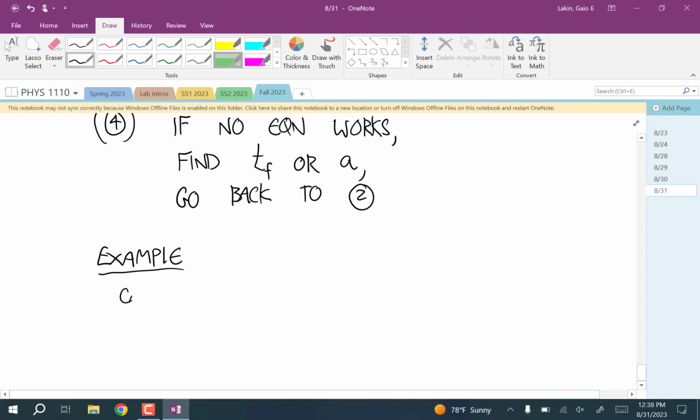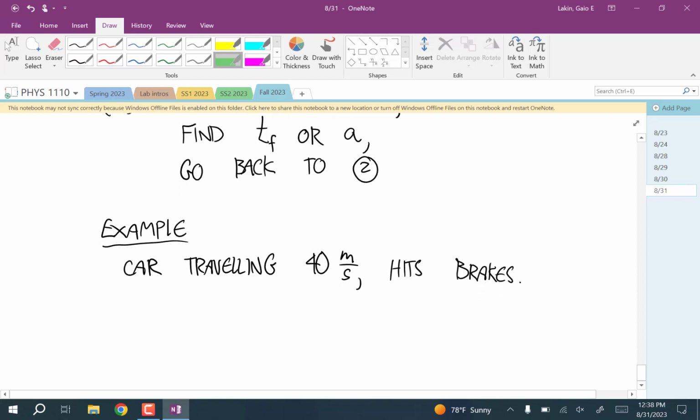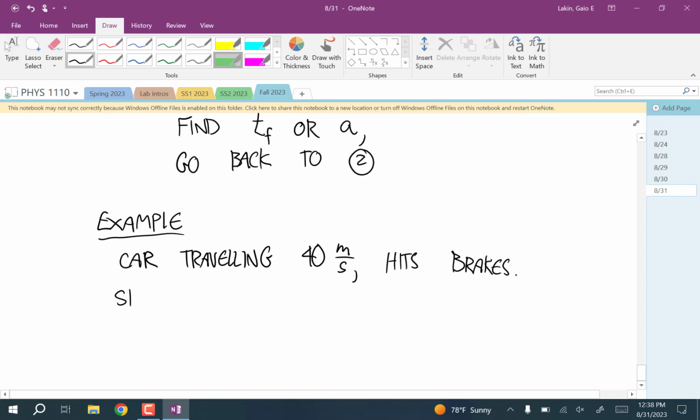So let's say that a car is traveling 40 meters per second and it hits the brakes. It stops 30 meters later.